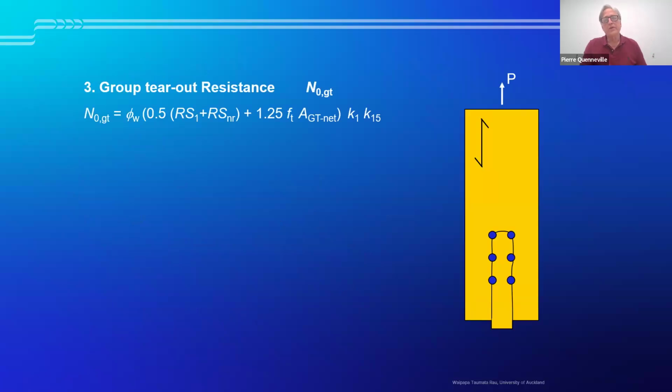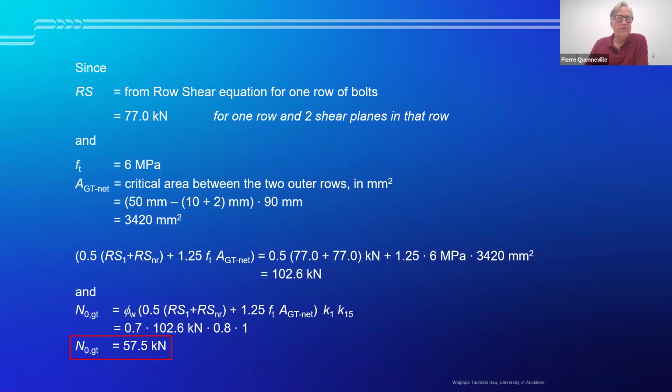The next brittle failure mode is the group tear out, and we use the value for our row shear of 1 row at 77 kilonewton. We look at the critical area between the outer 2 rows, and that gives us 3,420 square millimeters.